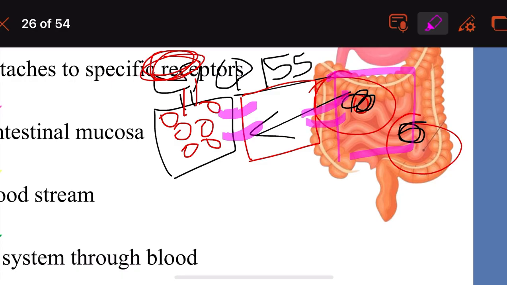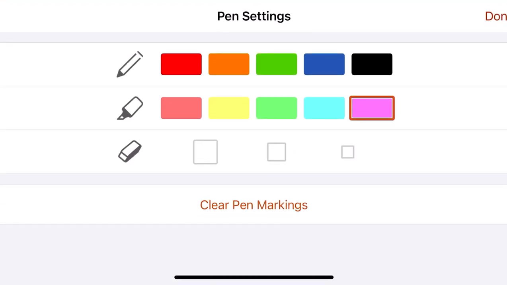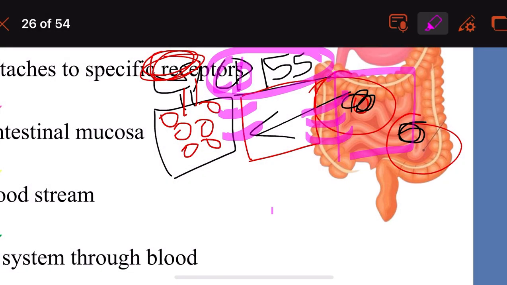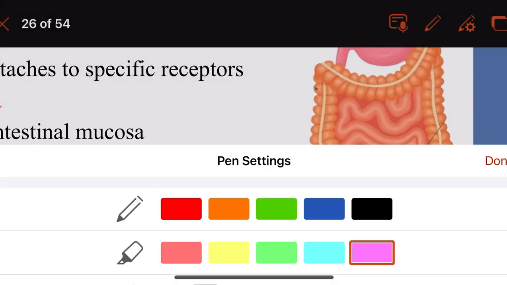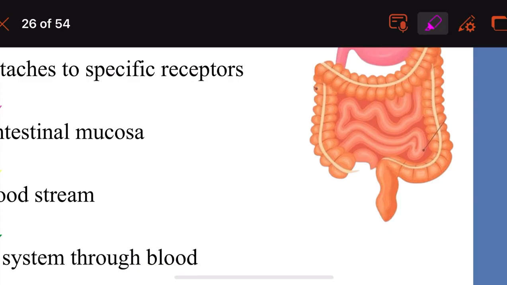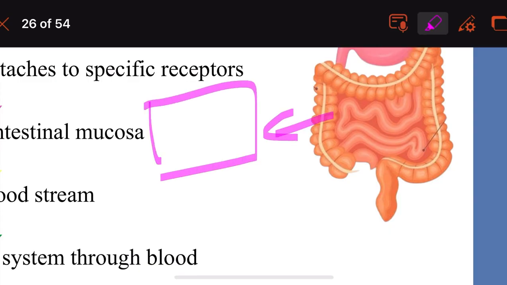So the CD155 receptor is affected, and now, once it enters the cell and infects it, the single stranded RNA gets translated into proteins. It gets replicated using the RNA polymerase, which helps the virus to multiply.